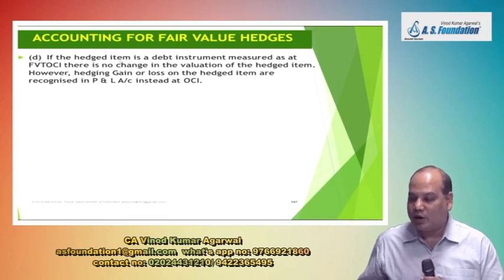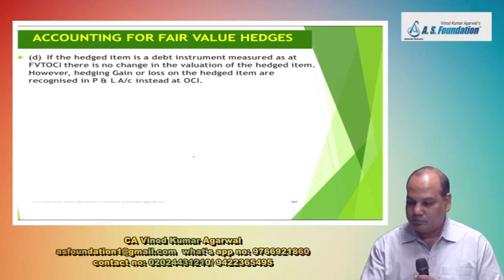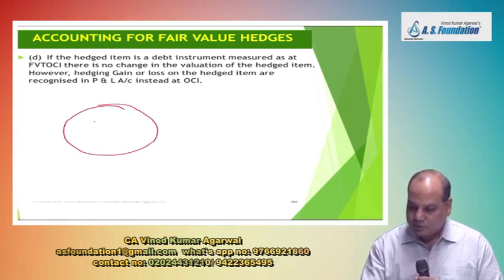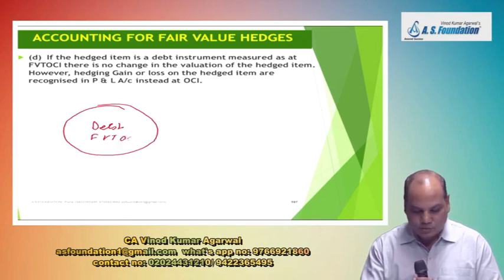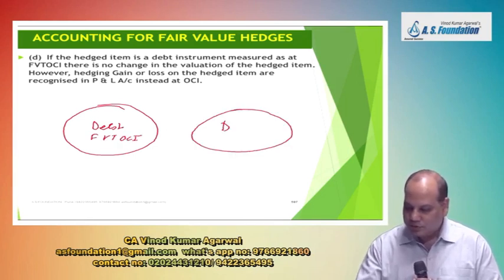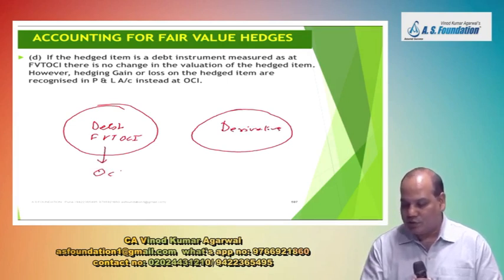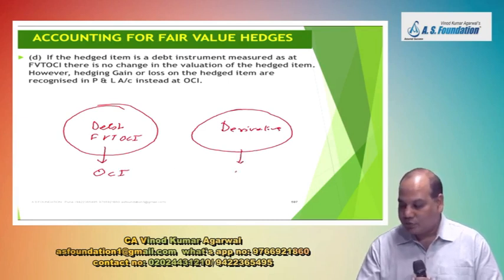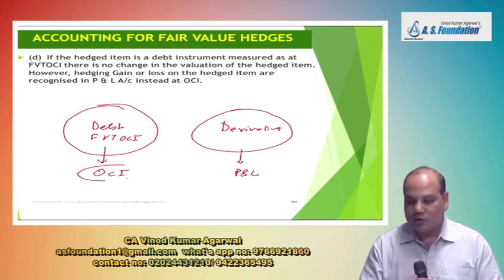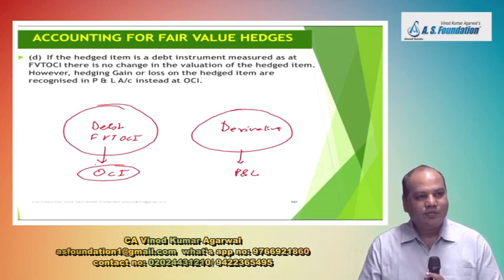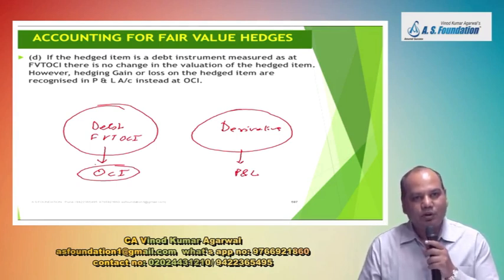Now what about those debt instruments which are measured at FVT OCI? This is the debt instrument at FVT OCI. This is the derivative. The regular provision says the change in fair value will go to OCI, not P&L account, and when this debt instrument is derecognized, we transfer from OCI to P&L account.